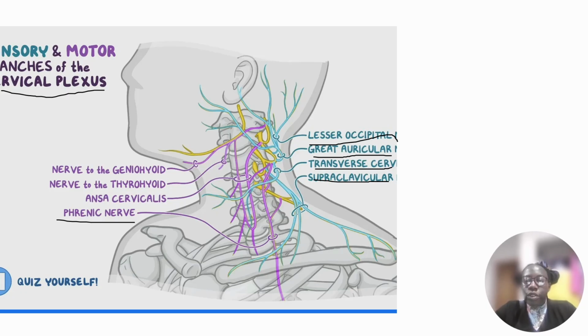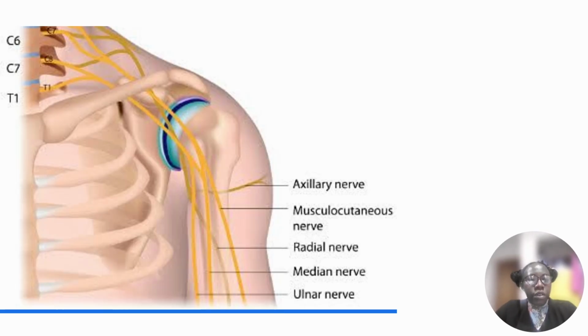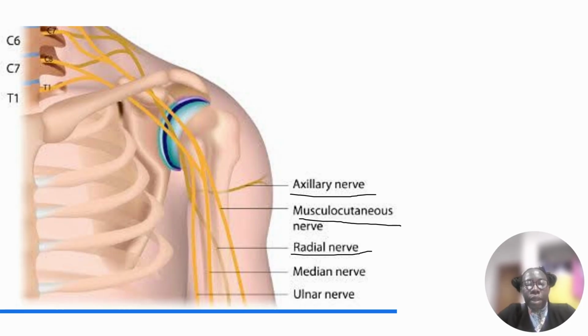Let's go further. Here we can see the brachial plexus, and it has the axillary nerve, the musculocutaneous nerve, the radial nerve, the median nerve, and the ulnar nerve.